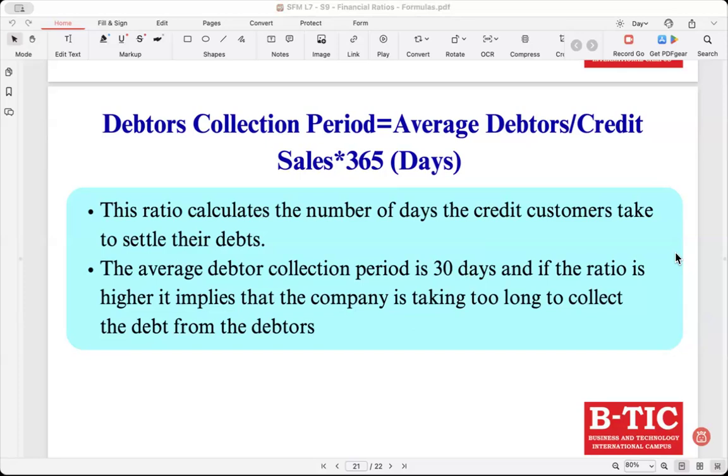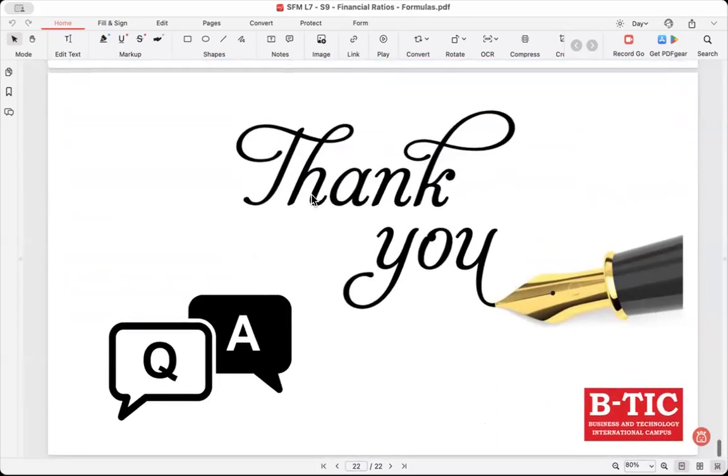If the customers are taking too long to pay their debt to your company, you might have short-term debt problems. The organization will have difficulties in settling the short-term debts. Clear? So this is debtors collection period.